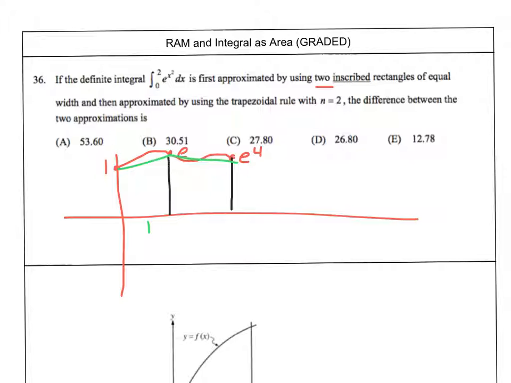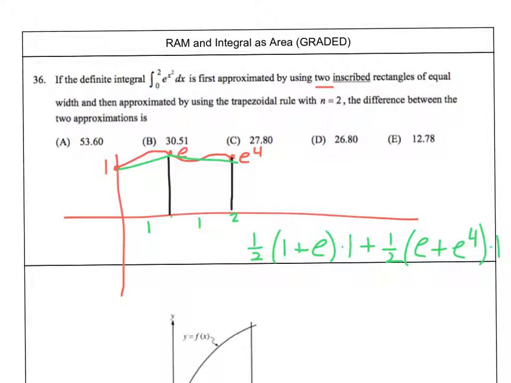Each one would have a width of 1, because this is going from 0 to 1, and this is going from 1 to 2. So the trapezoidal approximation would be a half times base 1 would be 1, base 2 would be e, and then a width of 1. And then a half, base 1 would be e, base 2 would be e to the 4th, and then times a width of 1. If you've got a calculator to do this, that's totally fine.